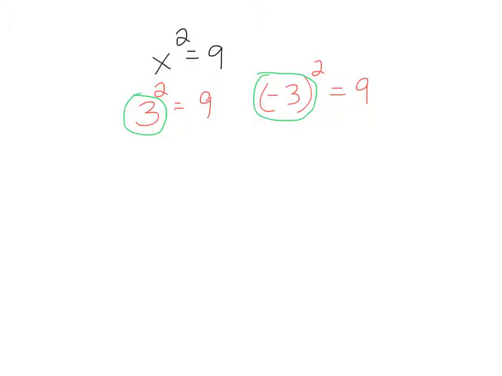But one thing to notice, in this particular problem, I have x squared. Because I have an exponent of 2 associated with the variable, that means that I can have up to 2 different answers. Most of the time in this section, we will just be dealing with equations with an exponent of 1 rather than a different exponent.